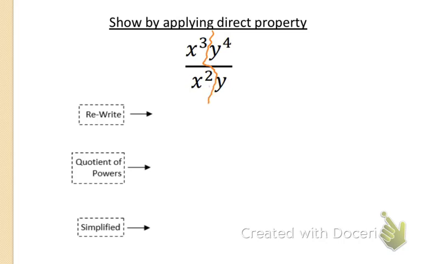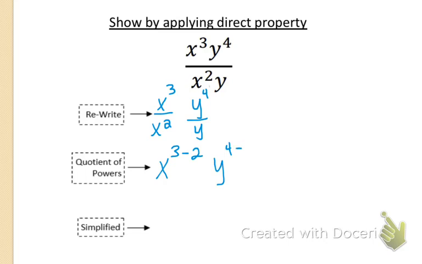So I'm going to apply that. X is in one fraction, y is in a different fraction. Now the reason I did this is because this way we can see that this is division, they have the same base, so I can use the quotient of powers, which says, hey, subtract the powers. Same thing with the y.